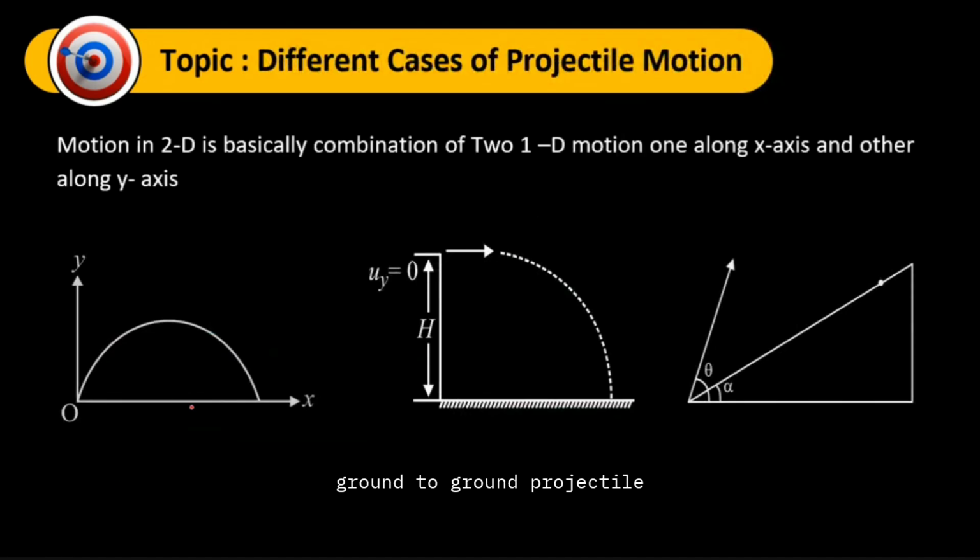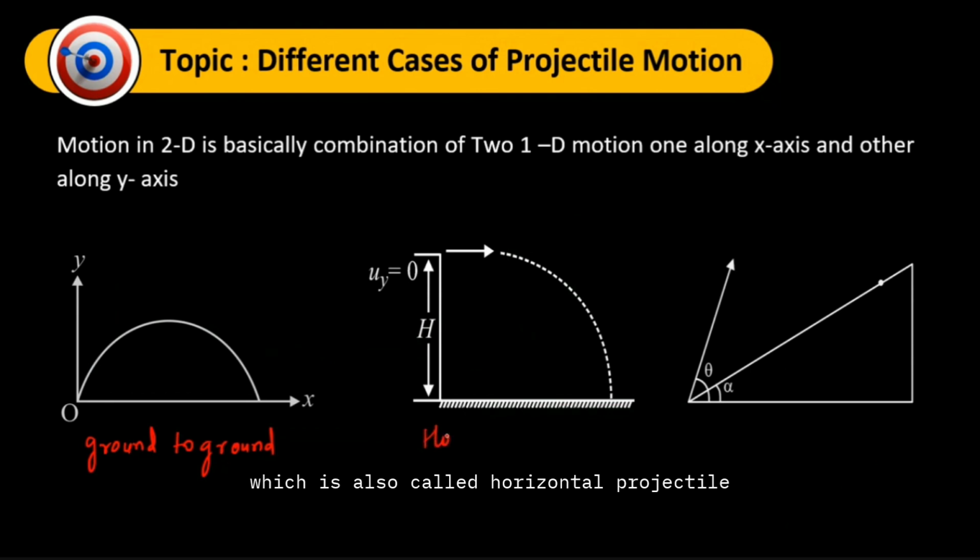The first is ground to ground projectile, where the projectile is projected upward from the ground and will reach the ground after some time, covering some horizontal range and maximum height. Another case is the horizontal projectile. In this, the object has velocity along the horizontal direction.